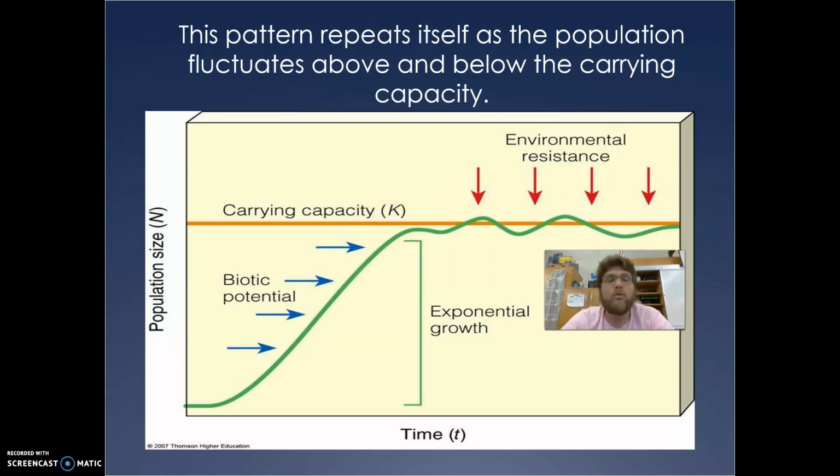Their goal is to acquire as many resources and to make as many babies as possible, and that can result in these fluctuations that happen along the carrying capacity of a population's growth.